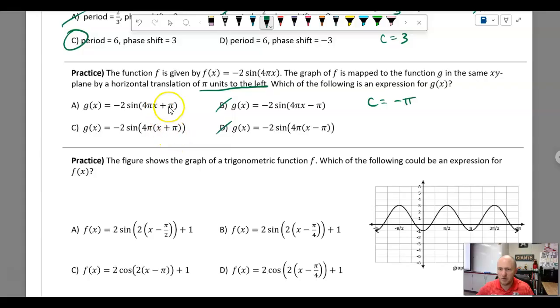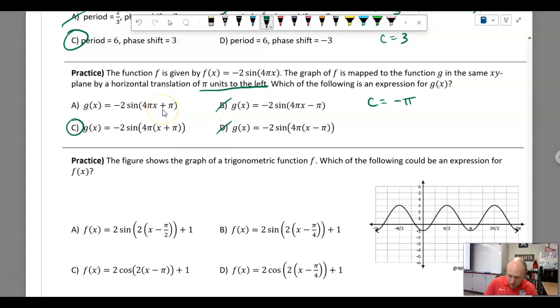And so it's A and C. Now look at the difference between these two: one has parentheses and one does not. We're looking for the one that has the parentheses because if it doesn't, then you have your b value mixed in. So our answer here is going to be C. We always want to see that parentheses, okay?